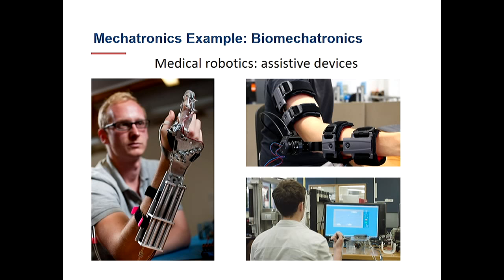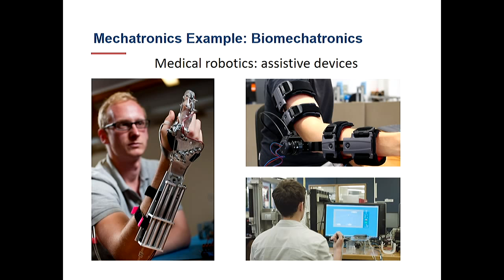In our department, we also have quite a big emphasis on medical robotics, which is the area that I work in, or biomechatronics. This is the application of the core engineering that you learn in mechatronics to medical applications. Here is an example of some of the assistive devices that we've developed: exoskeletons, robotics that are worn by humans.